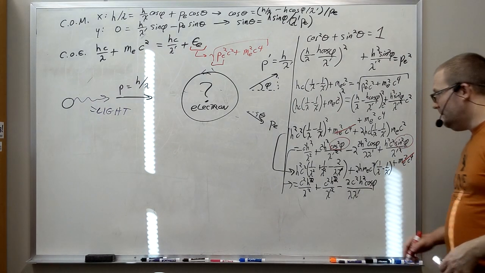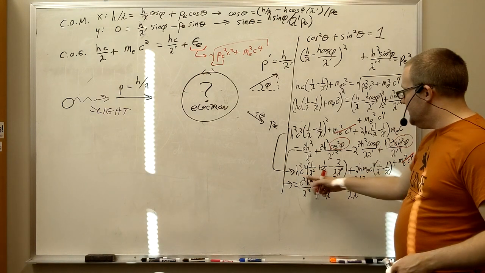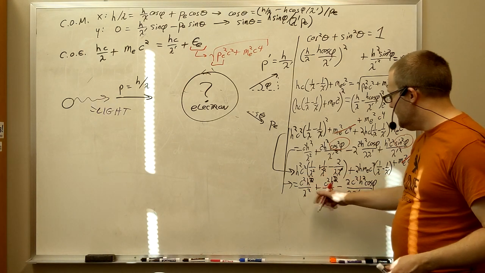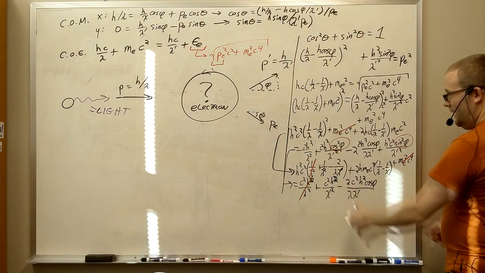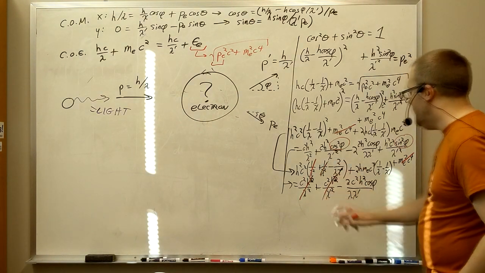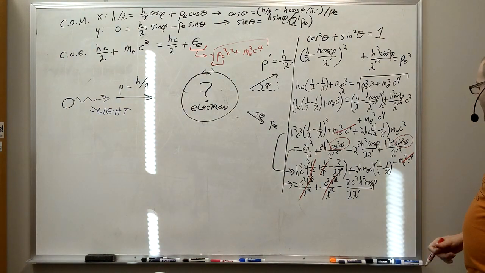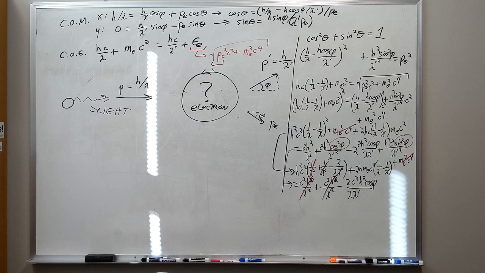Let's find some other things that might cancel for us. I've got an h squared c squared over lambda squared, h squared c squared over lambda squared, so this term and this term go away. Same thing here with a lambda prime squared in the denominator. That's nice. What else is going to go away?